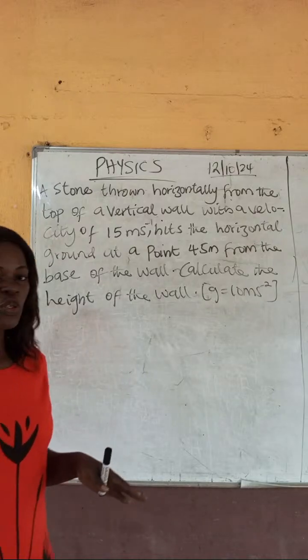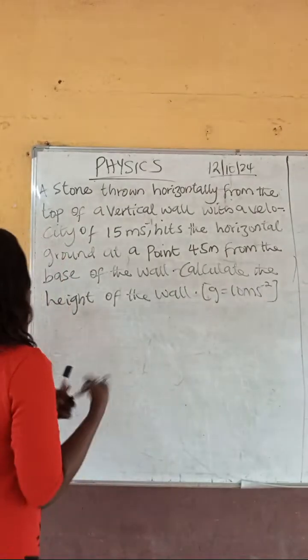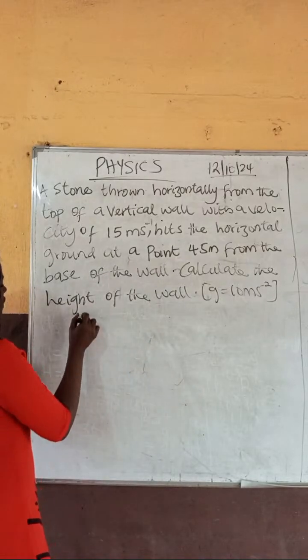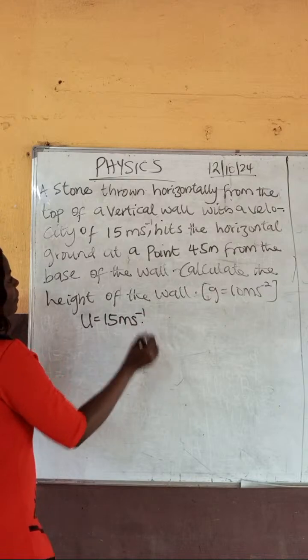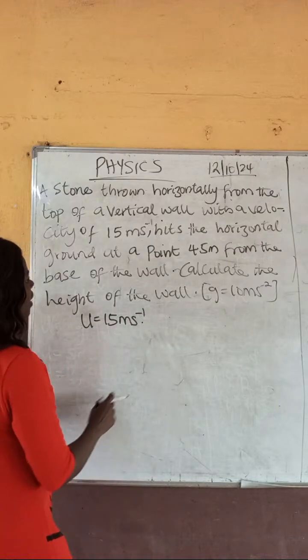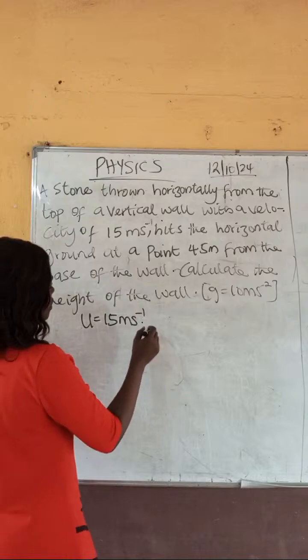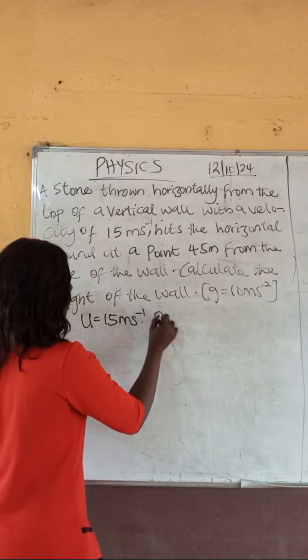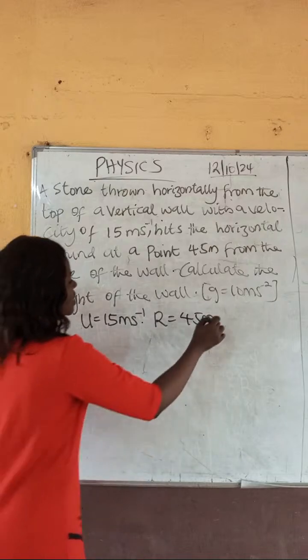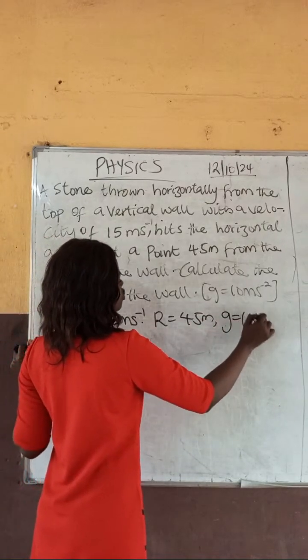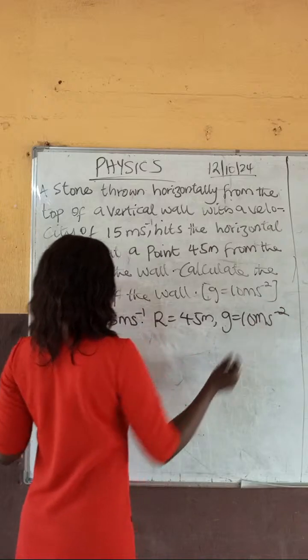Now the first thing we are going to do is to state our parameters. We are given initial velocity u to be 15 meters per second. Then I have the horizontal distance, range, to be 45 meters. Then I have g to be 10 meters per second squared.